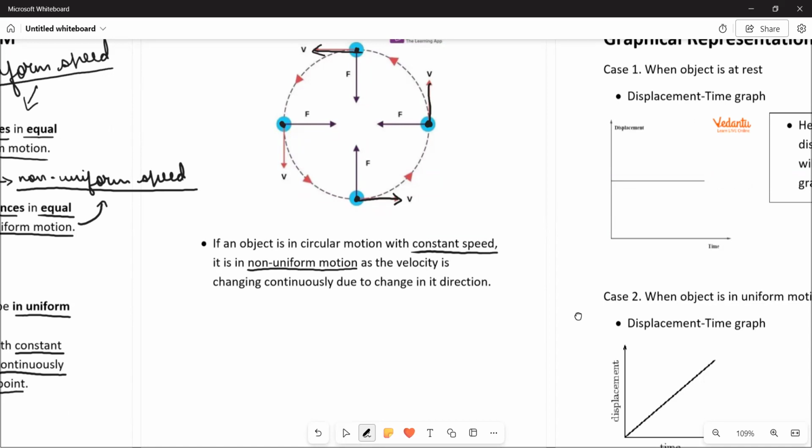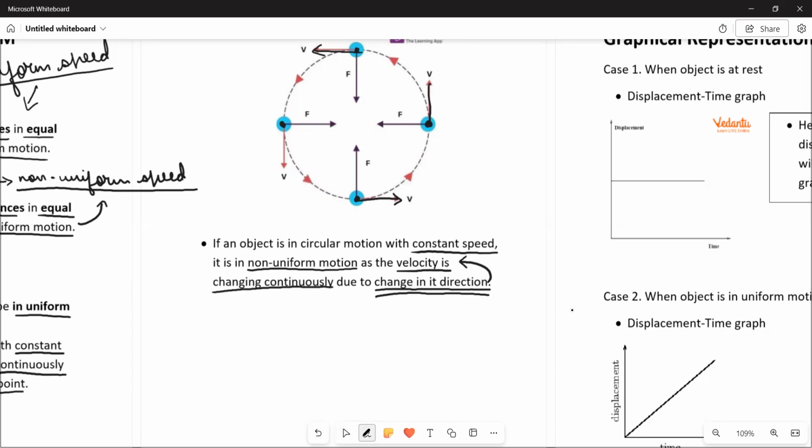As the velocity is changing continuously due to change in its direction. We have seen in the concept of displacement and velocity that whenever there is a change in direction, there is a change in its velocity.